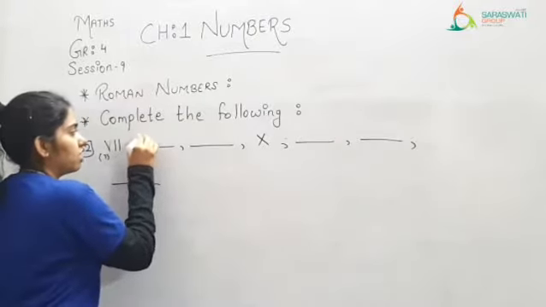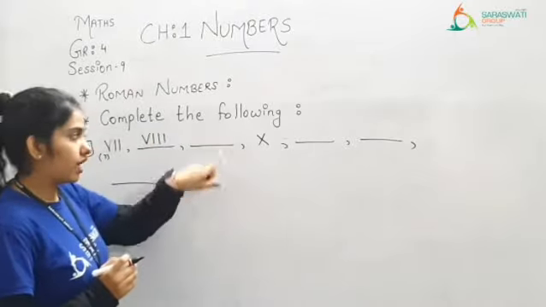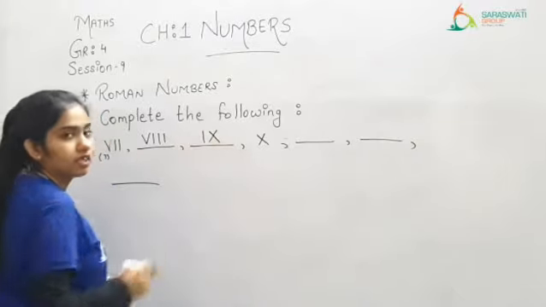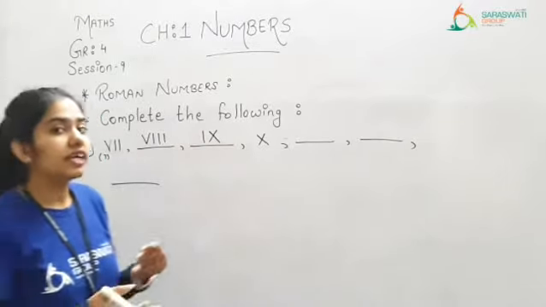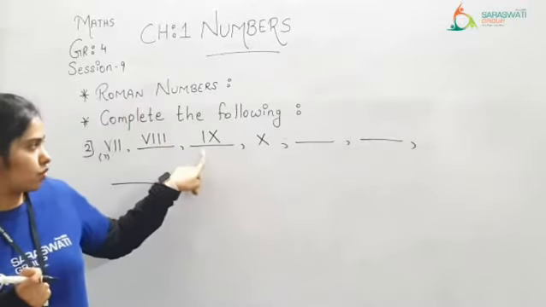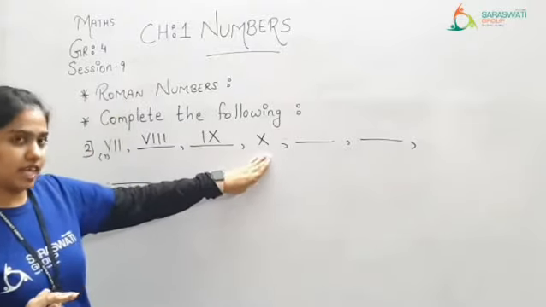So for 8, V and 3 times I. Here it is 10, so here 9 will come. That is X, and over here I. We will write the I on the left hand side because it is 10 minus 1. So over here we have written I on the left hand side. Now 10.